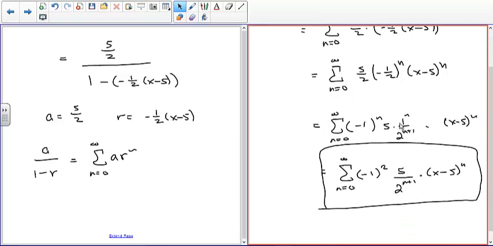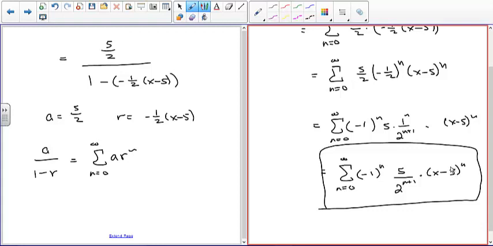So you just have 5 times 1, which is 5, over 2 to the n plus 1, and that should be negative 1 to the n, and that comes down. So this term, x minus something, this number is always the number that it's centered around.